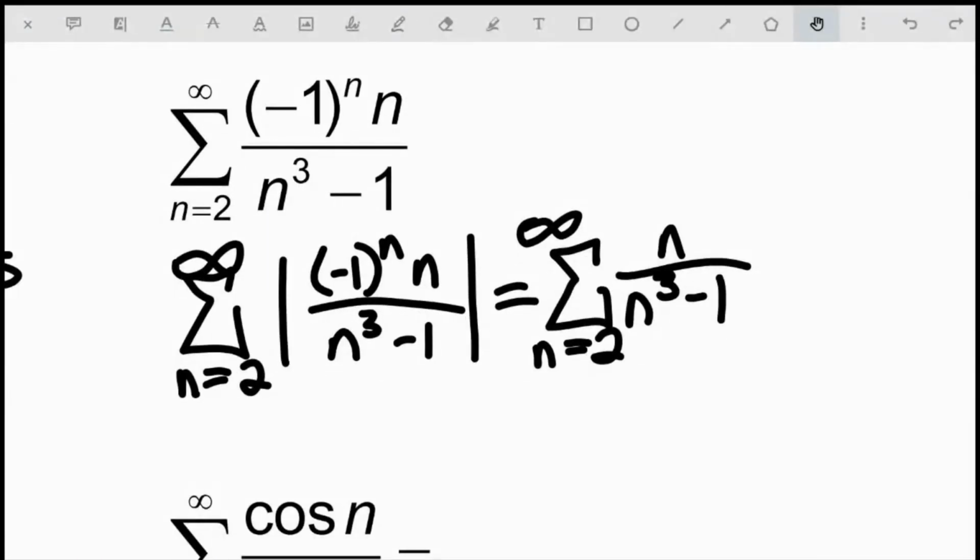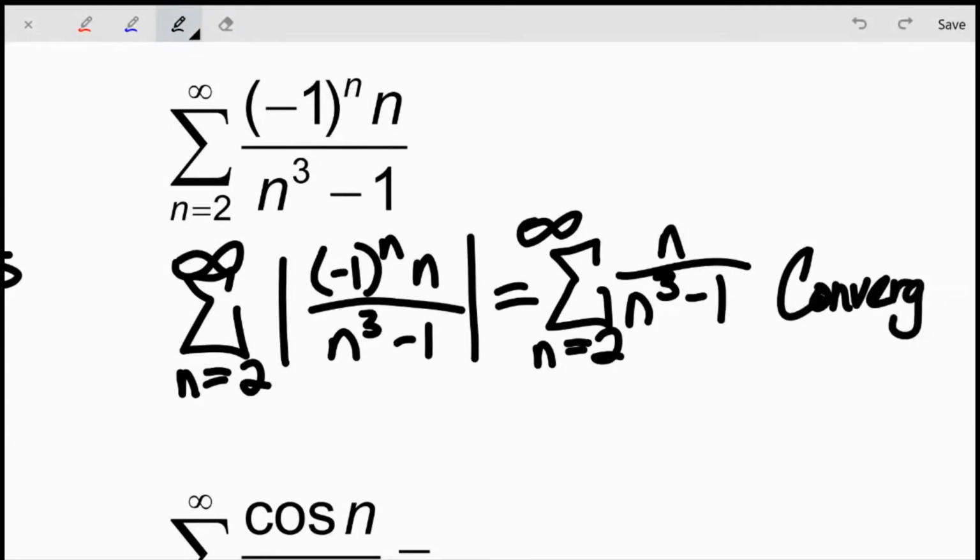I don't want to show all the steps here, but I do want to know that this series converges by a limit comparison to a 1 over n squared. So I know this converges, right? Well, we're looking at absolute convergence.